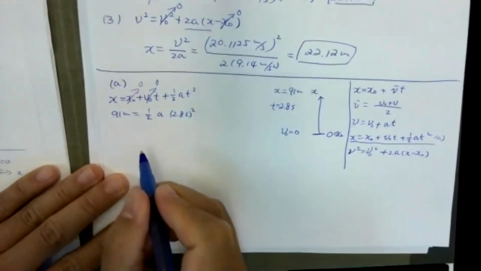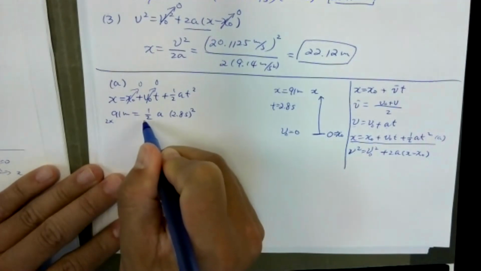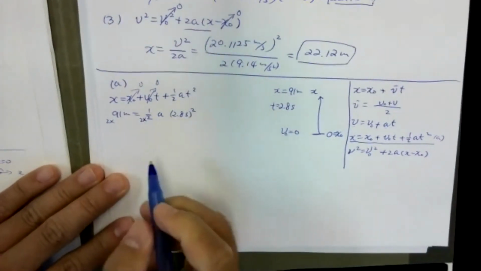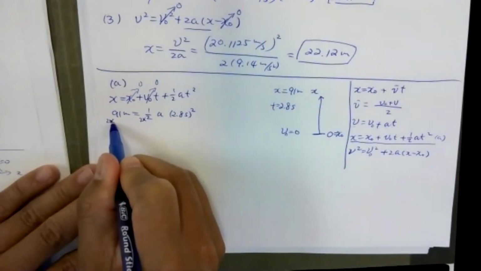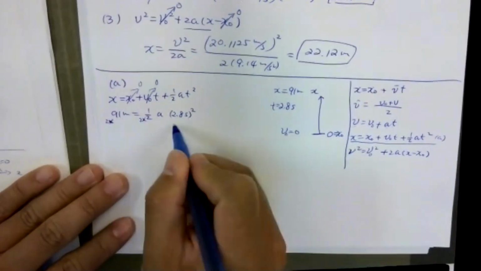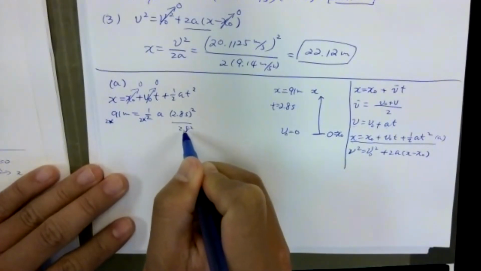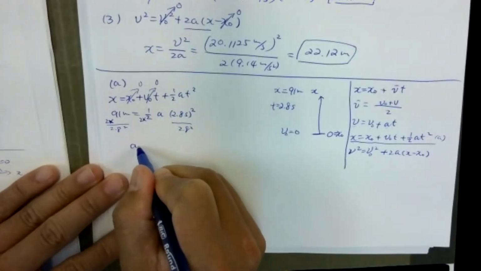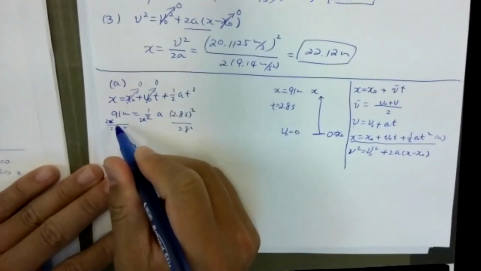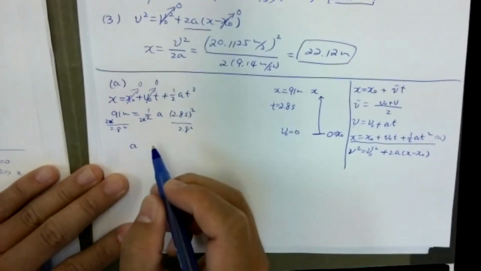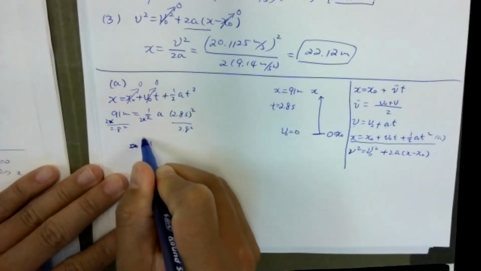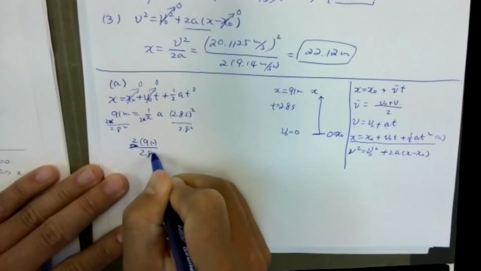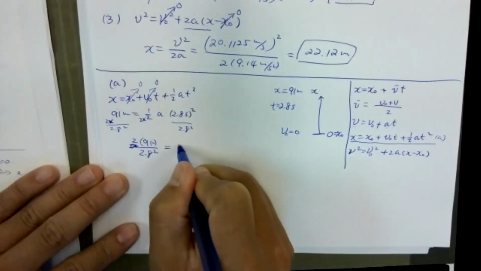You can solve for a by multiplying both sides by 2 to get rid of the 1/2 on the right. So a equals 2 times 91 divided by 2.8 squared.